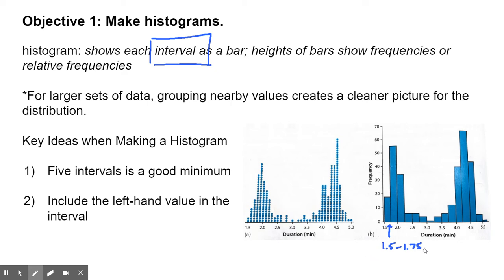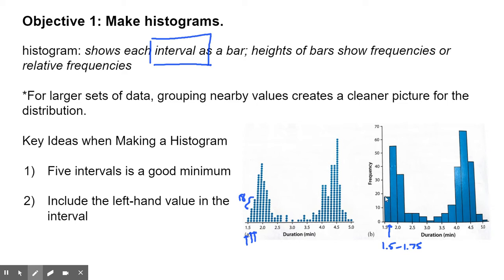So any dot in that range over here is in that first bar. So again, that'd be all the 1.5s, all the 1.6s, and all the 1.7s. So 1, 2, 3, 4, 5, 6, 7, 8, 9, 10, 11, 12, 13, 14, 15, 16, 17, 18. So there should be 18 there.